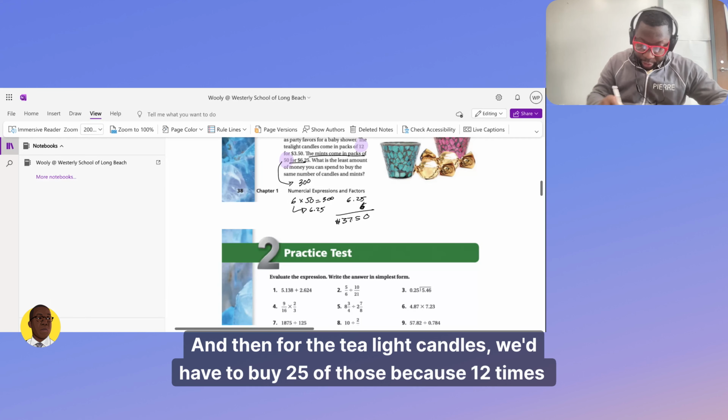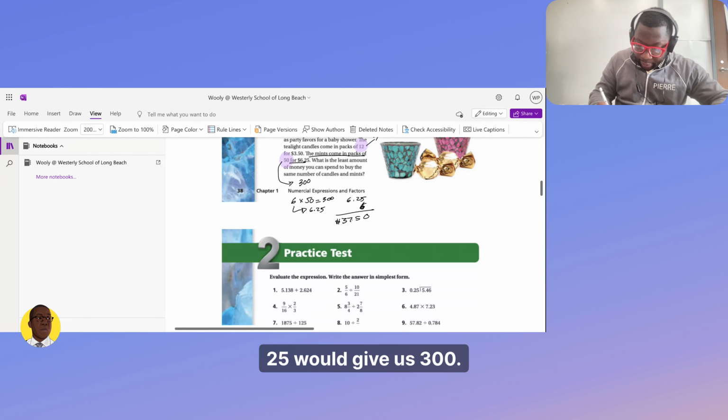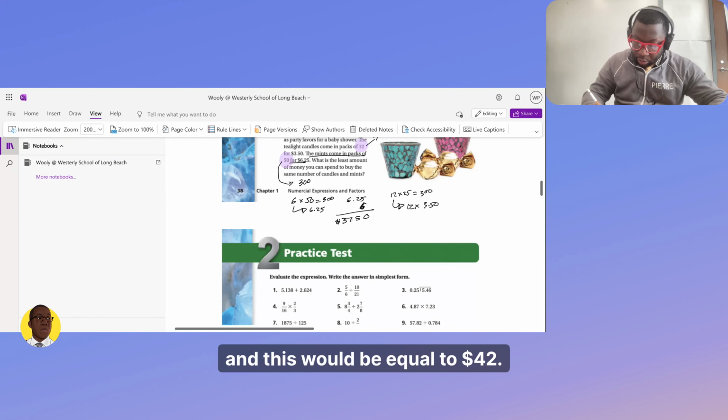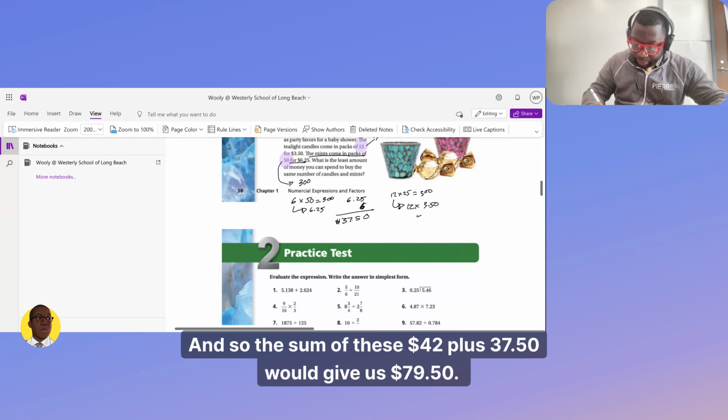And then for the tea light candles, we'd have to buy 25 of those because 12 times 25 would give us 300. So 12 times $3.50 would be equal to $42.